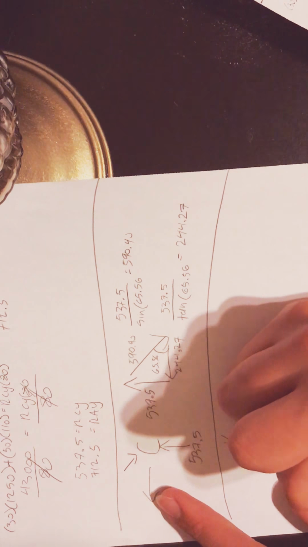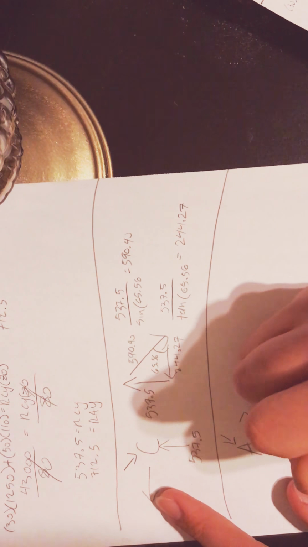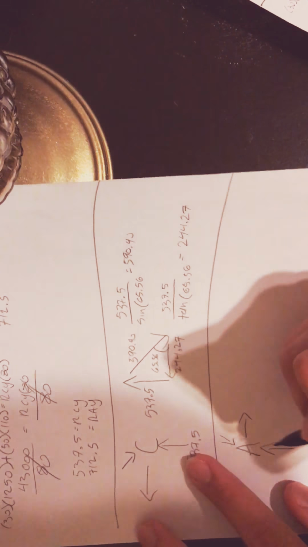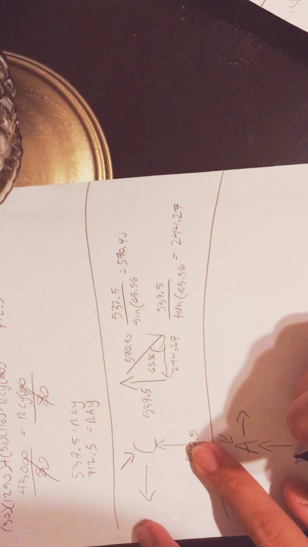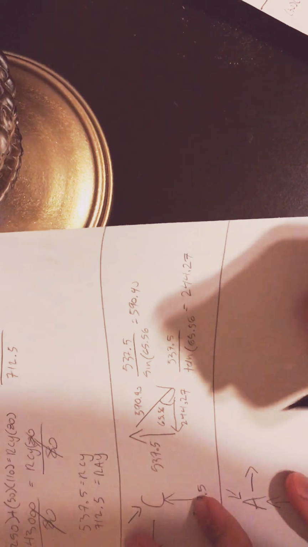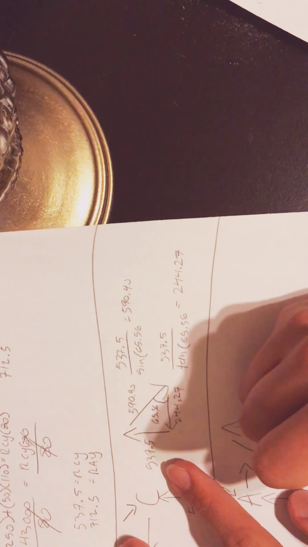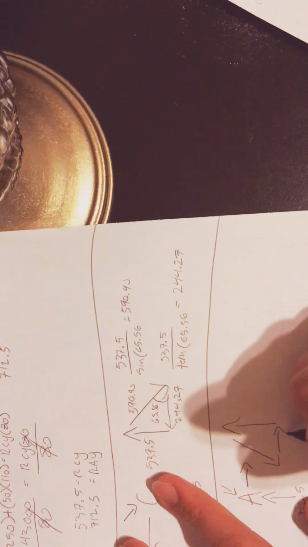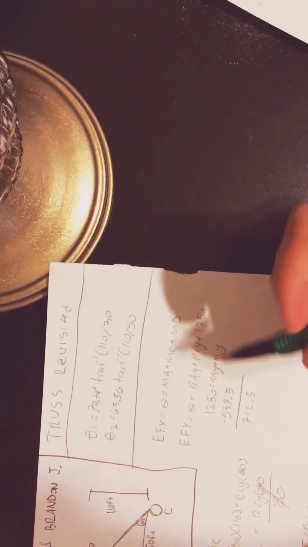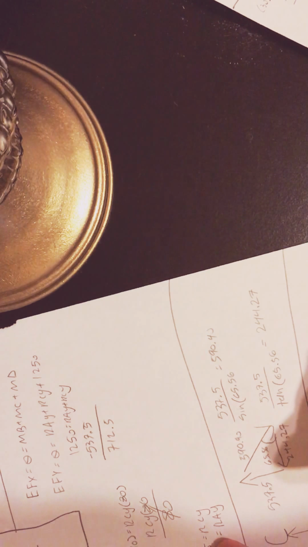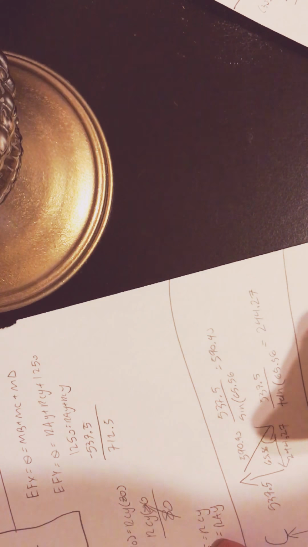We're going to do a downwards force there, a rightward force, and an upward force for Ray, which would equal 712.5. We're going to do the same process we did for C. We're going to make a triangle. We're going to use our angle 1 this time because we're solving for A, so it's 74.74.